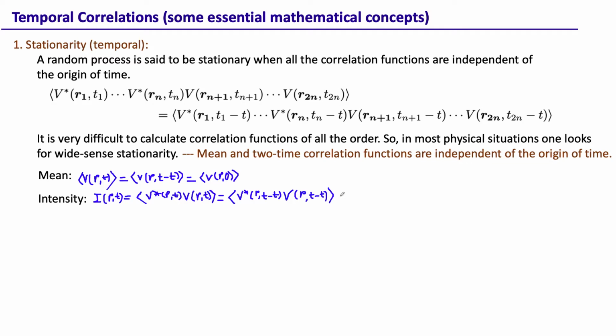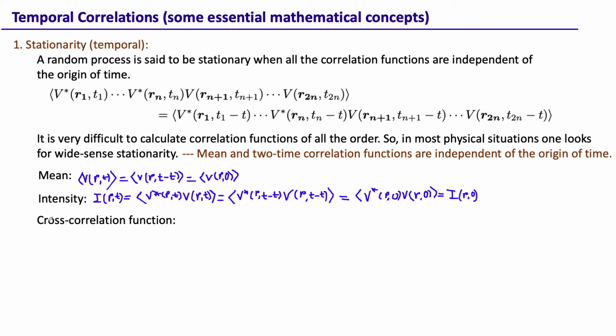So this essentially means that this is V star R 0, V R 0, which is essentially the intensity at R at time 0. So if intensity has to be independent of the origin of time, that essentially means that intensity at time t is the same as intensity at time 0. So the mean intensity doesn't change as a function of time. That's what it means.